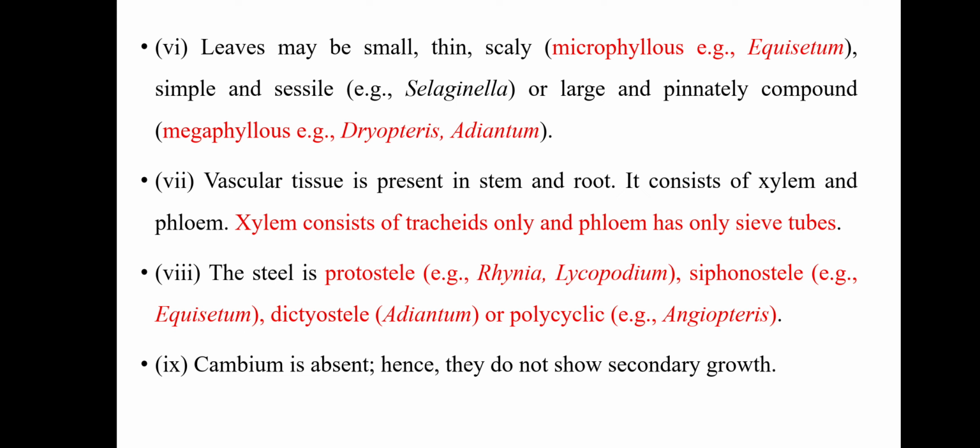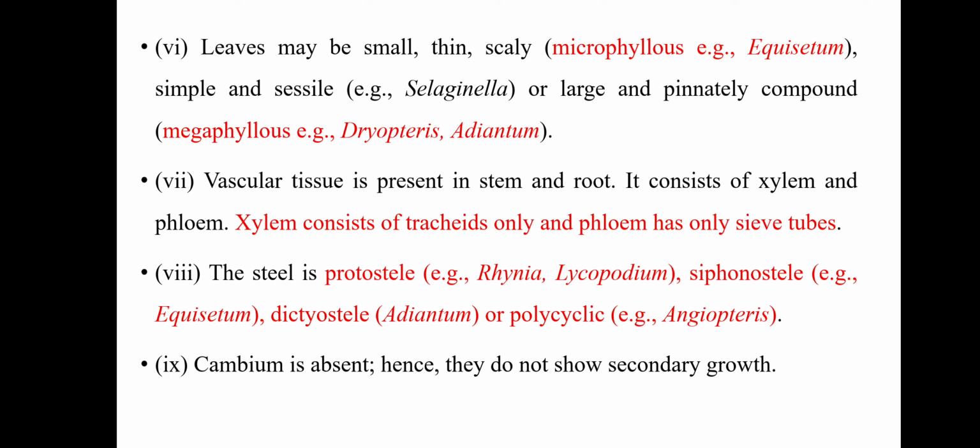In that video, I will discuss what is protostele, what is siphonostele, and what is dictyostele, or what is polycyclic. All these things I will discuss in that video. So just remember that the stele is protostele in Rhynia and Lycopodium. Rhynia and Lycopodium both are lower pteridophytes, then siphonostele in Equisetum, dictyostele in Adiantum, polycyclic in Angiopteris.